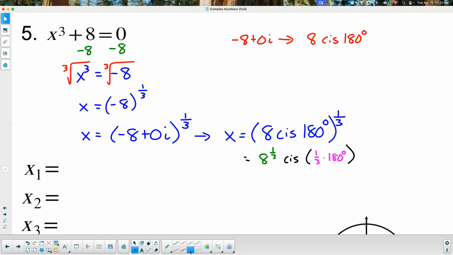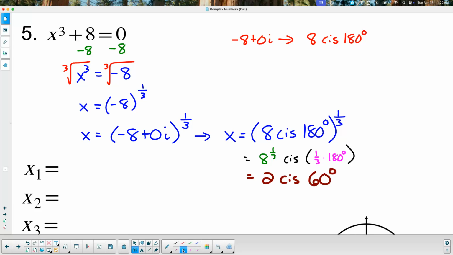What is 8 to the 1/3 power? It's 2. What is 1/3 times 180 degrees? 60 degrees, right? Yeah.